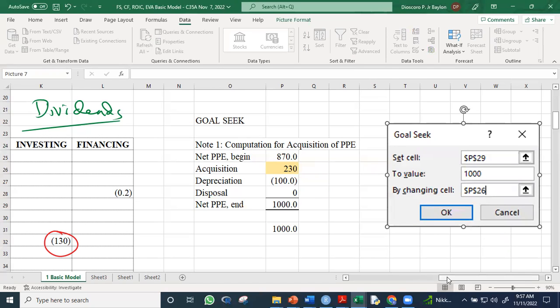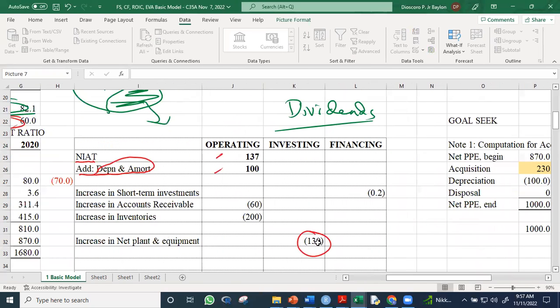All right, so we now need to change this. So this should be equal to the negative of this, because acquisition means an outflow. Okay, so now it's negative 230.